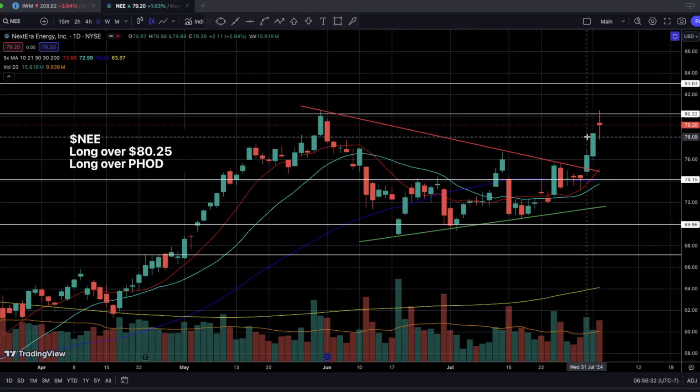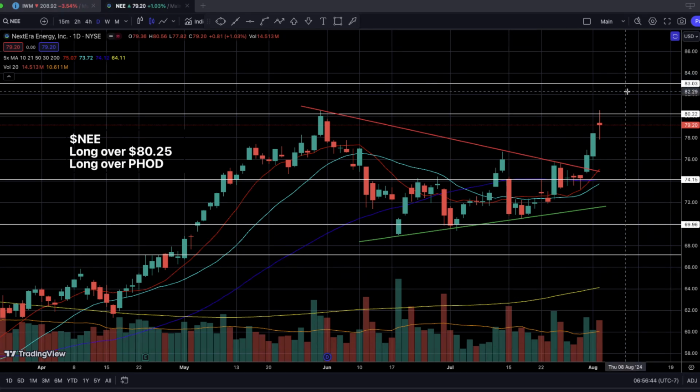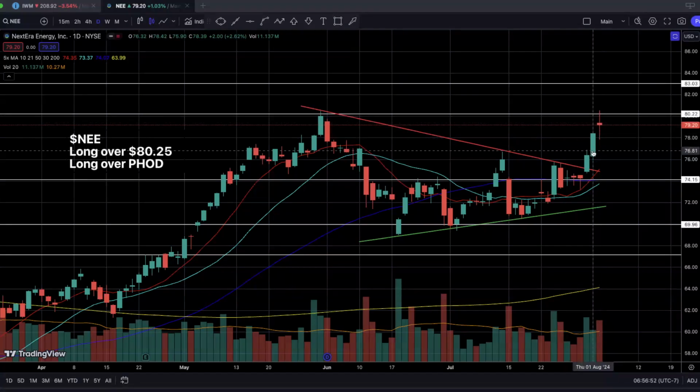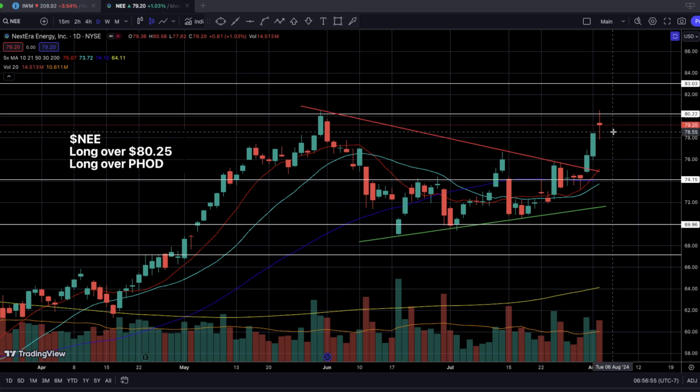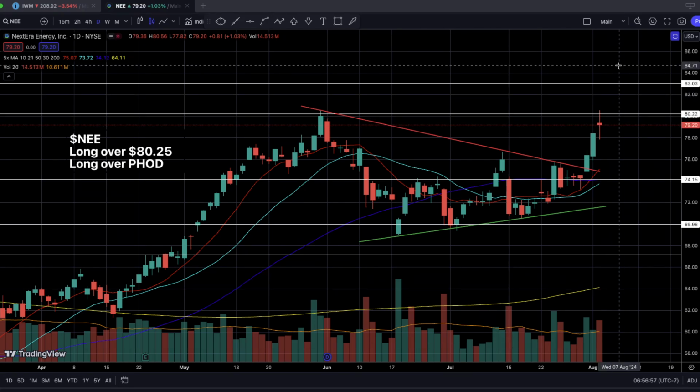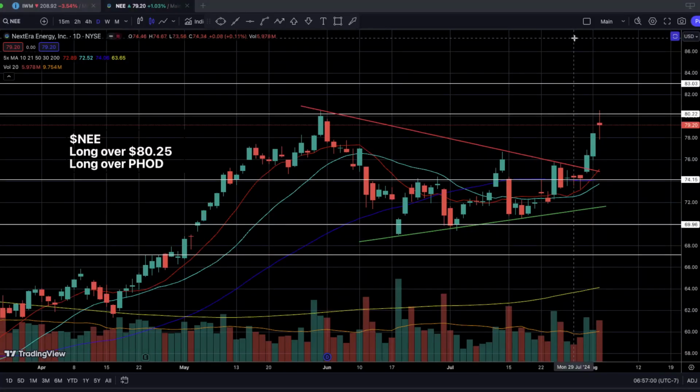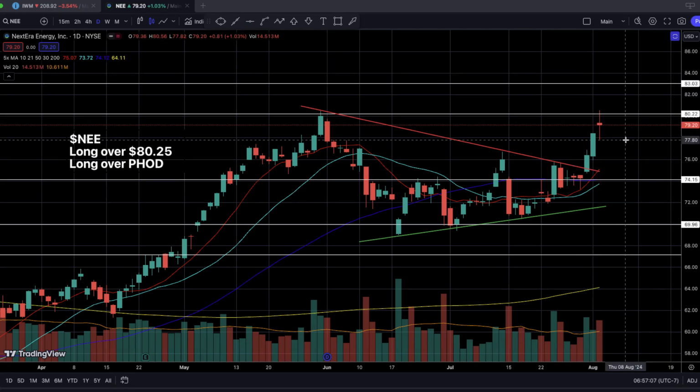So it really makes me wonder, if the markets decide to move back to the upside and recover, does NEE have the legs to continue to move to the upside and possibly stop having an inverse relationship with the overall markets, and find a nice parallel relationship where it can continue to move to the upside? But for now, we shall continue to focus on that inverse relationship, because if the markets decide to move sideways, then this one can continue to move to the upside.